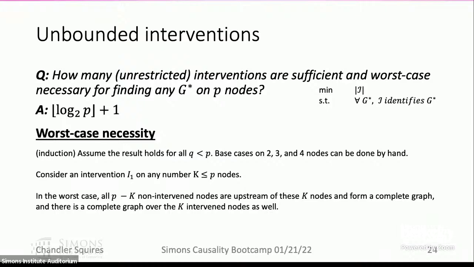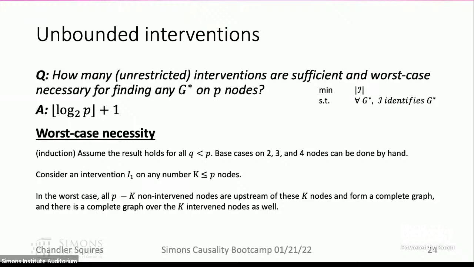And then the nodes that we don't intervene on, if these are all upstream of the nodes that we do intervene on, we don't get any information about them. Furthermore, other than that they're upstream, we don't get information between these nodes. And then in the worst case, this could be a complete graph over those nodes.